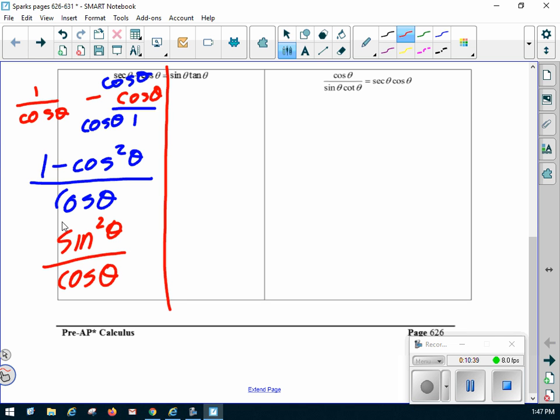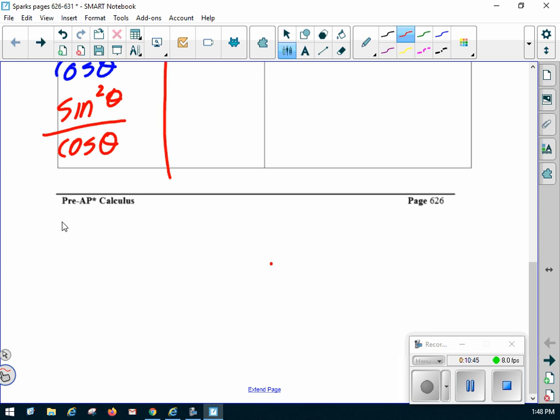Yeah. Now I'm going to show you something. I could rewrite this as sine theta times sine theta over cosine theta. Do you buy that? Yeah. Is that equal to sine squared theta over cosine theta?